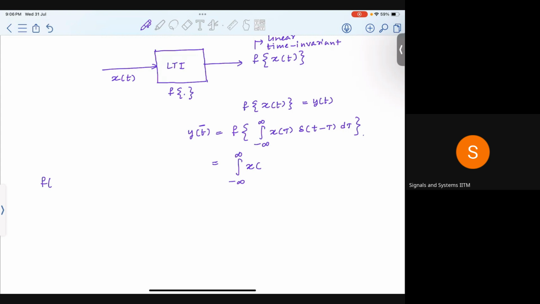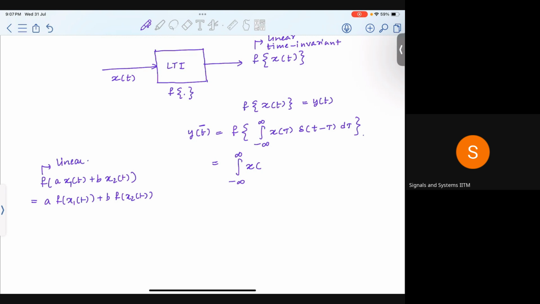Linearity means f of a times x1 of t plus b times x2 of t is a times f of x1 of t plus b times f of x2 of t, right?